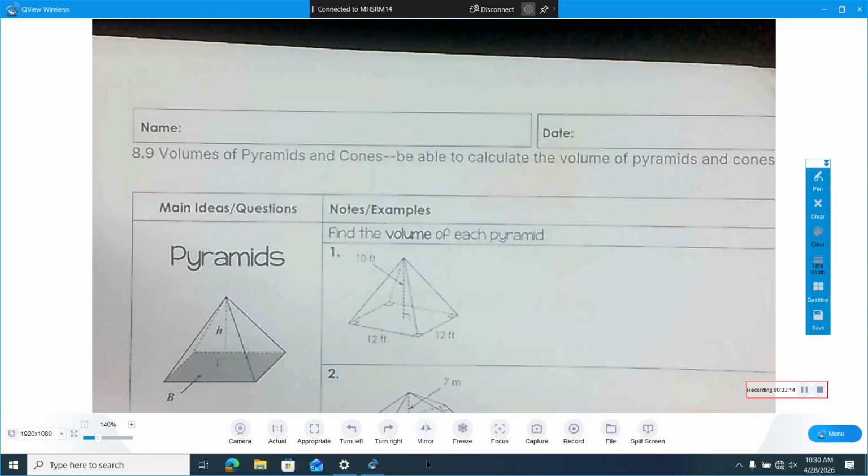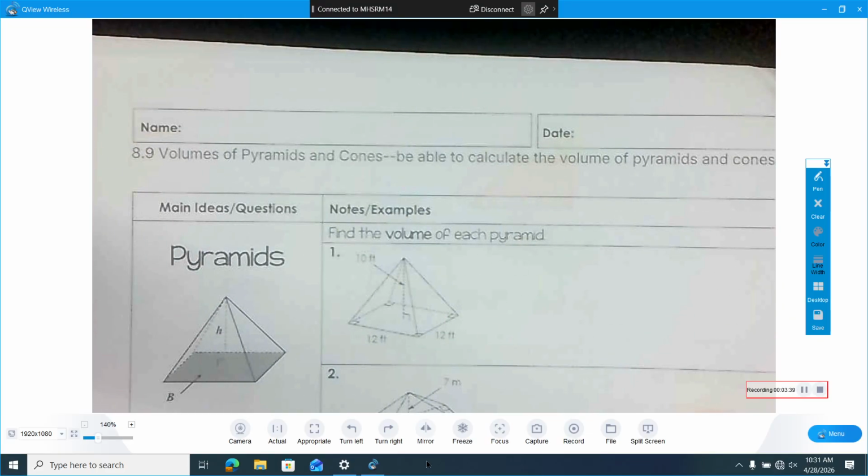Oh, 2.5? All right, there's my third. Here's my third pyramid full. Okay, so how many pyramids fit inside the similar prism? 3 pyramids.